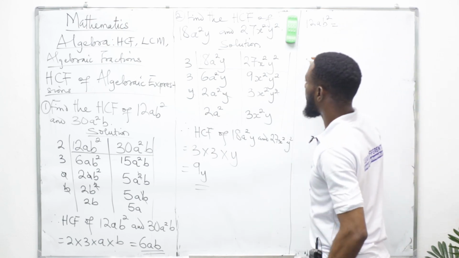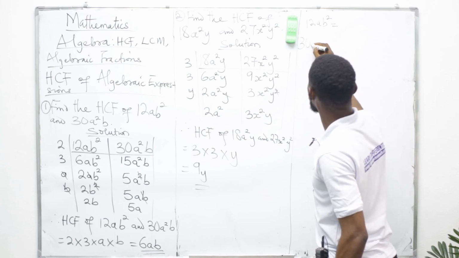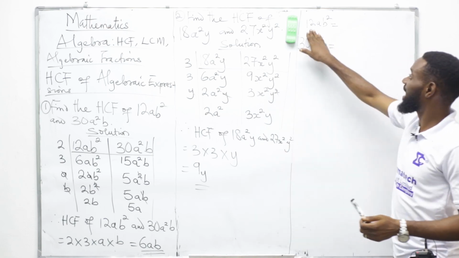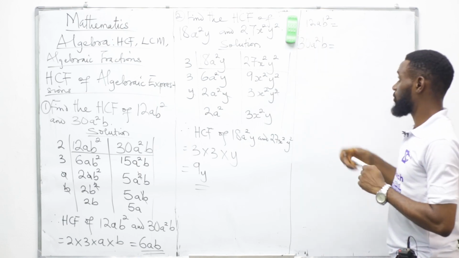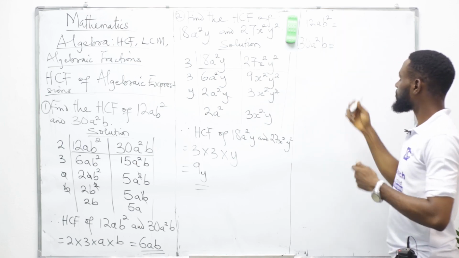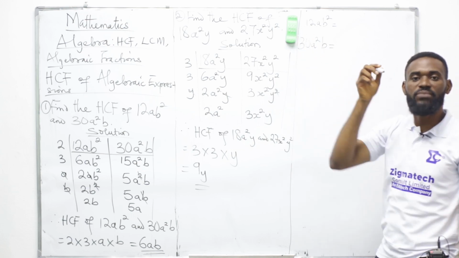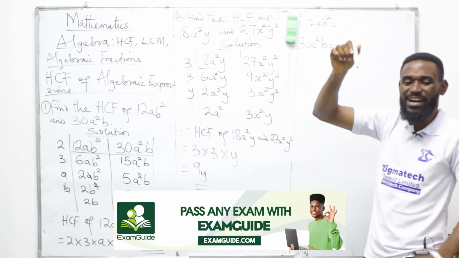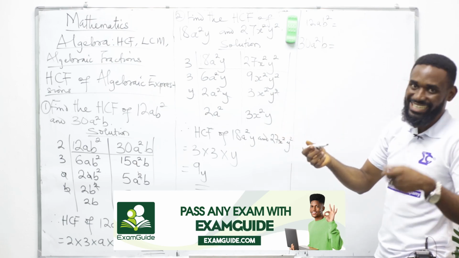Then this one we have 30a squared b. Okay? By expansion, which I believe you probably know, we'll still come to that maybe sometime, what this means is that you expand, take the factors of 12, express 12 in its factors, maybe in its prime factors.